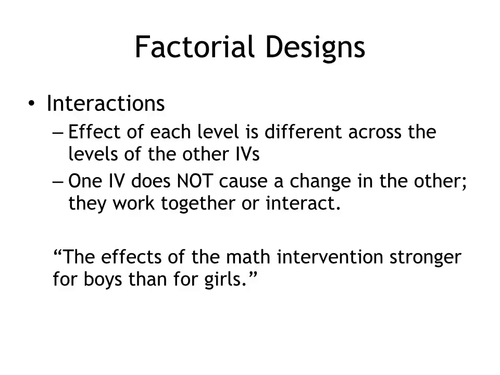In other words, does the effect of the intervention, my independent variable, depend on whether my subjects are boys or girls? And then I can start to say the effects of the math intervention were stronger for boys than for girls.